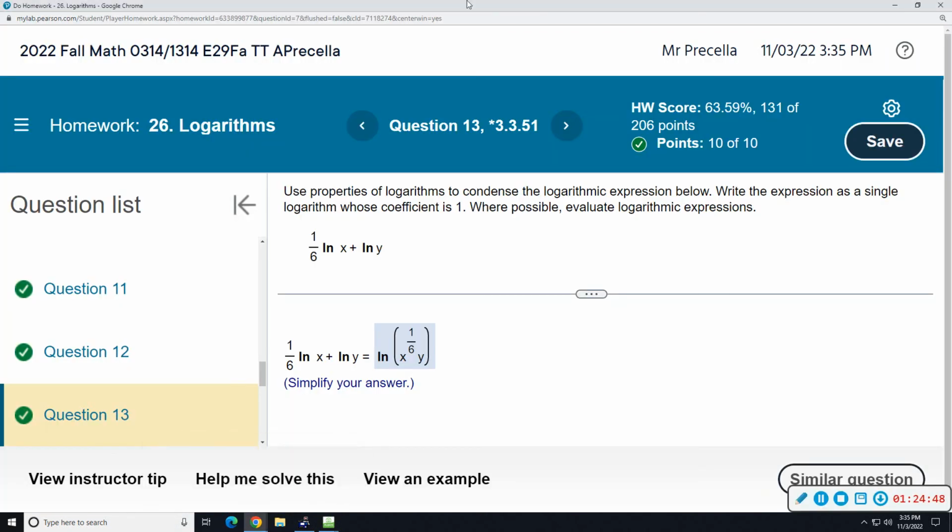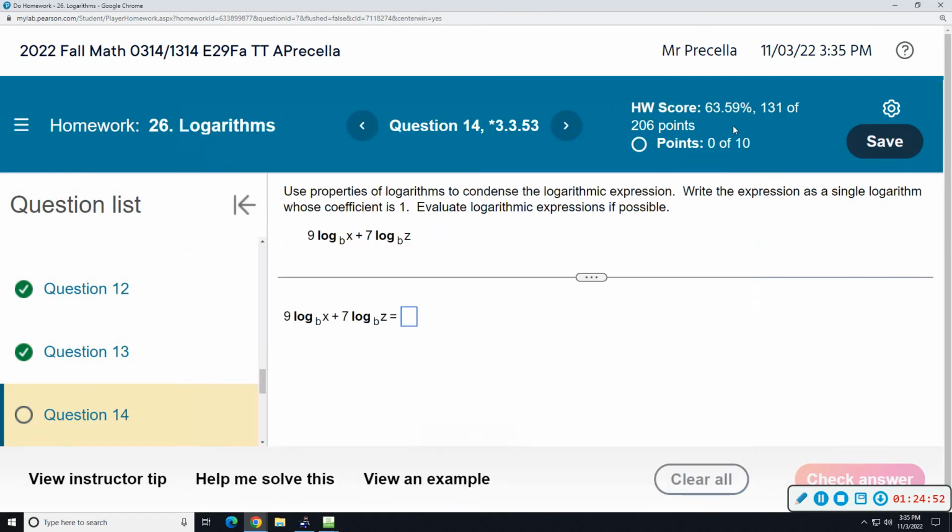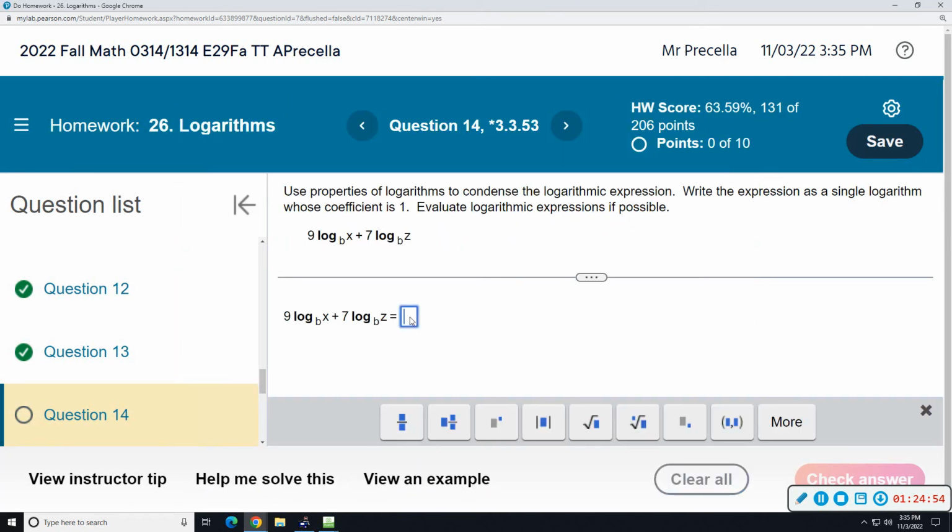Number 14. Is this one that needs any work, or do you just type it in? I think we can just type it in. Here goes. I type log base B, get out of that subscript.